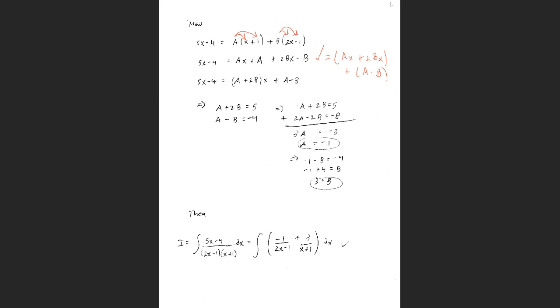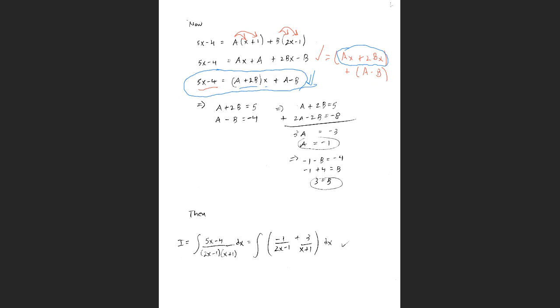But the a times x plus 2 times bx can be written as a plus 2b times x. And so now I have an equation where the 5x minus 4 on the left must equal what we have on the right.